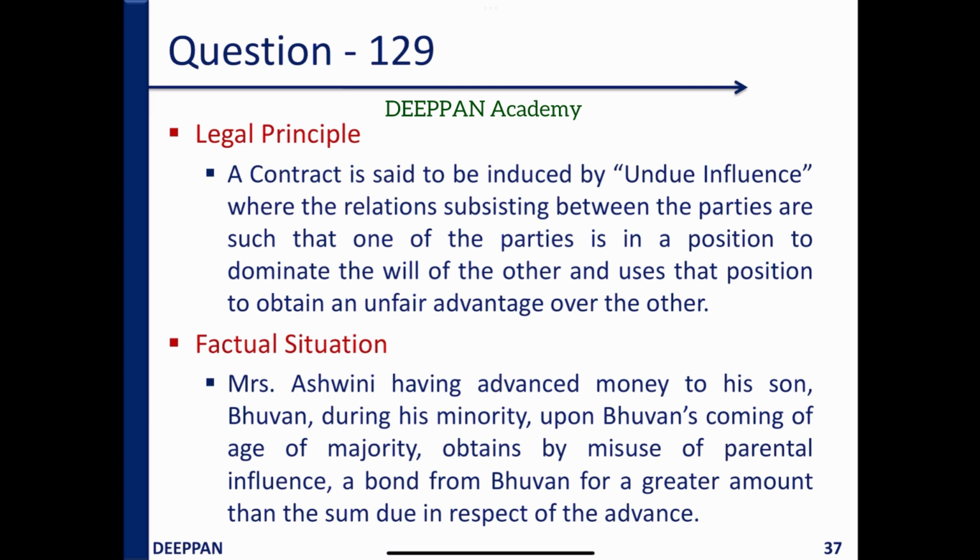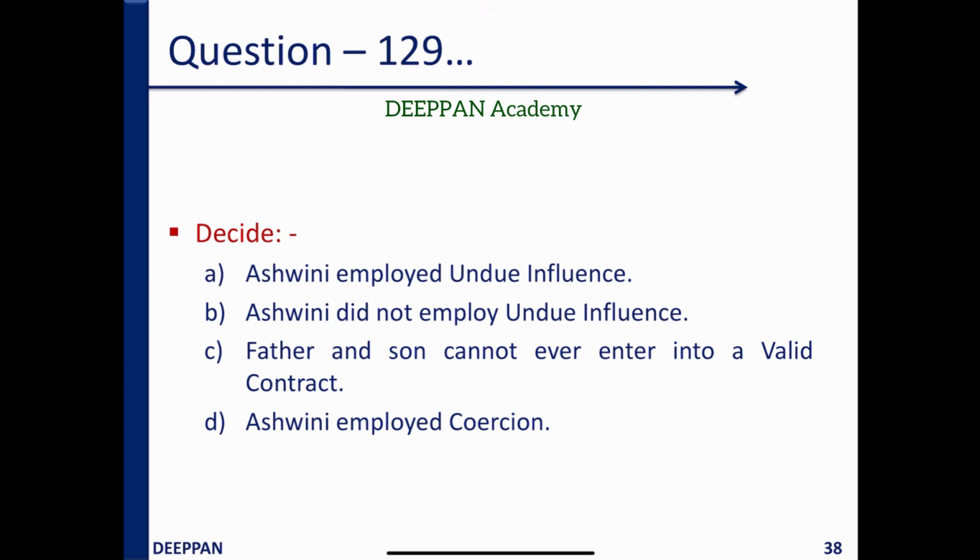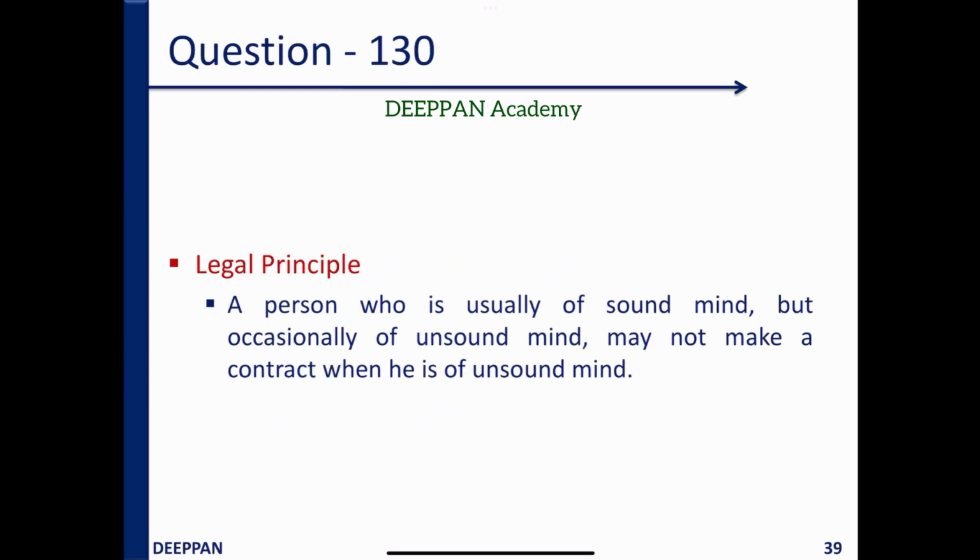Factual situation: Mrs. Ashwini, having advanced money to her son Bhuvan during his minority, upon Bhuvan's coming of age, obtains by misuse of parental influence a bond from Bhuvan for a greater amount than the sum due in respect of the advance. Ashwini employed undue influence.